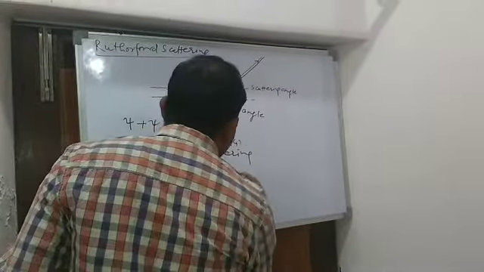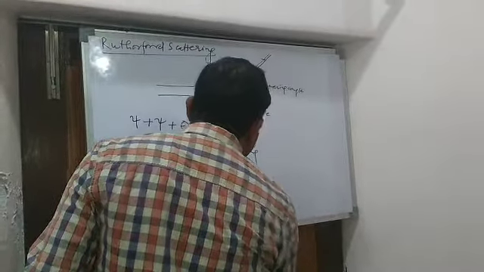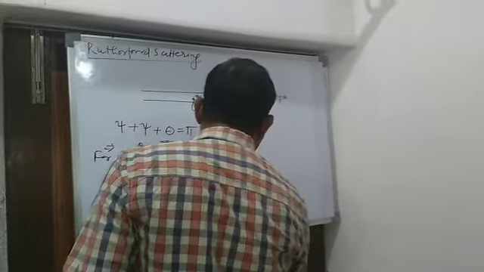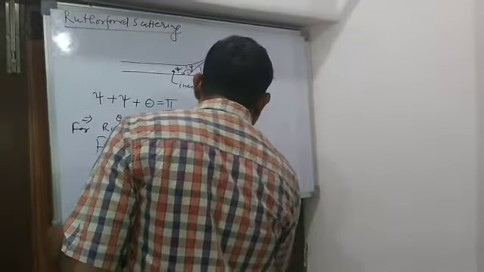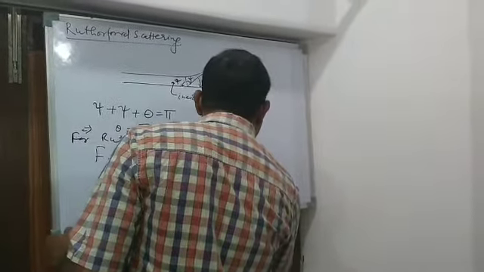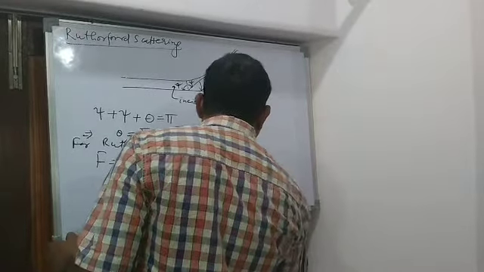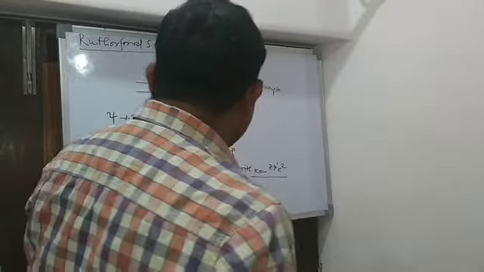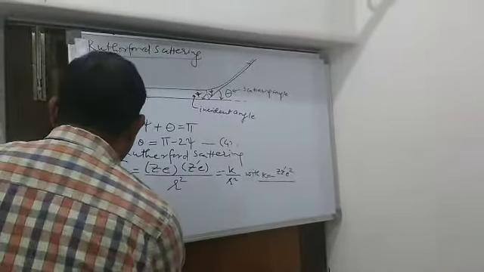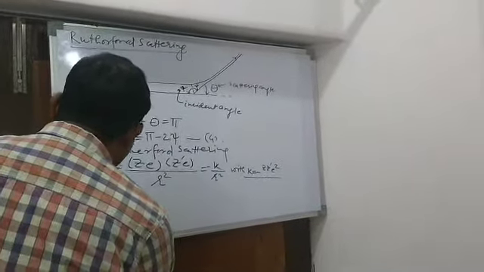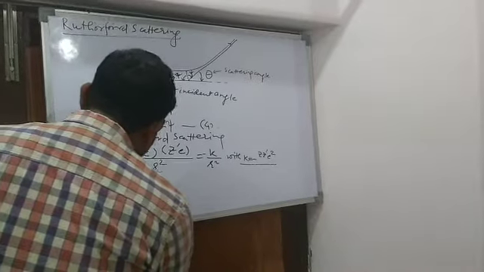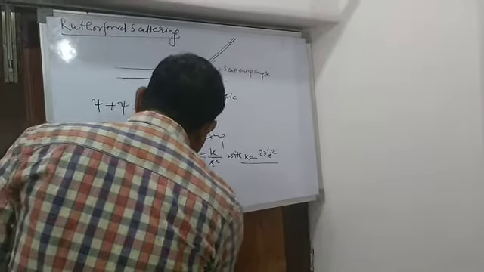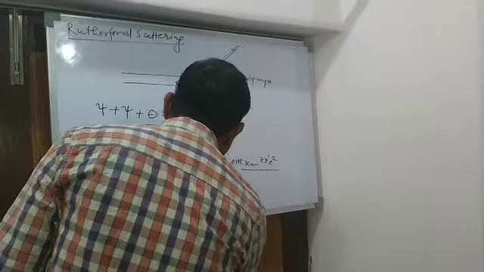So we could write this as k by r square, with k being minus Z Z prime e square. So that is all we have. With these kinds of substitutions, we should be able to write the equation of orbit.